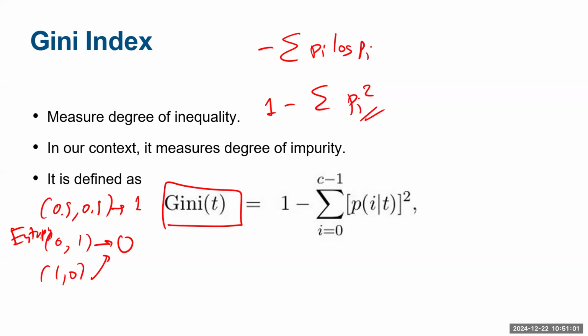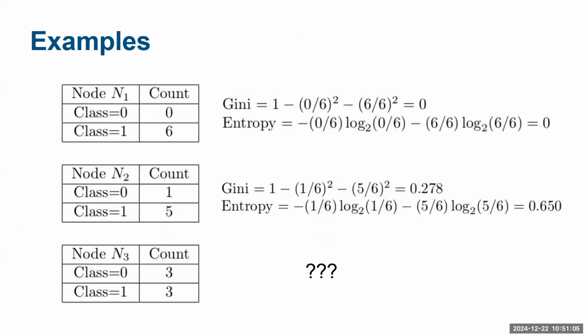Okay, let's look at the same distribution, but for Gini. For a perfect split, 0, 6, you have 1 minus 0 squared minus 1 squared, and then you get 0. So the minimum value of the Gini and entropy is the same.